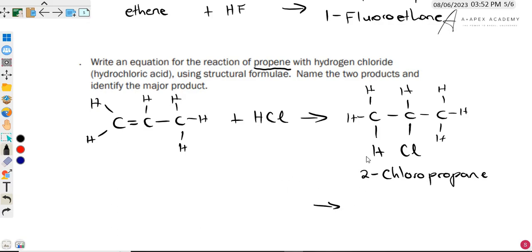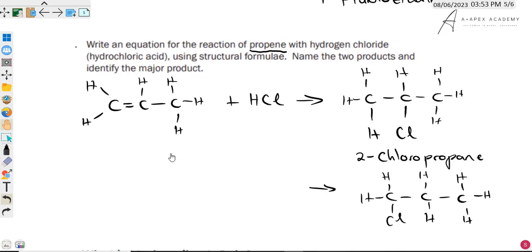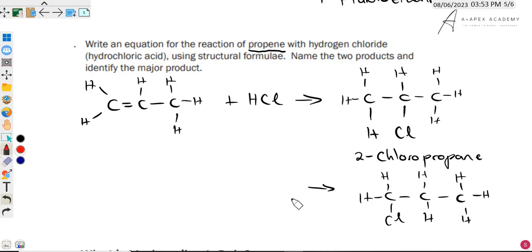But we could have done the same thing and say now, what if we attached the chlorine on carbon number 1, which is now Cl, and then we attach the H on carbon number 2. What happens? Look at the position now. The position of the chlorine matters the most. On this one now, you get 1 chloropropane, right? So which one is correct between the two?